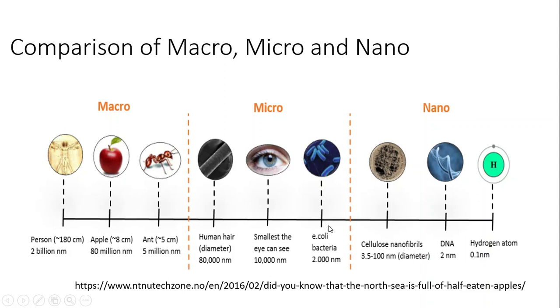Compared to this we have microscale, which can be like human hair which is 80,000 nanometer, smallest size the eye can see 10,000 nanometer, and the size of an E. coli bacteria is actually 2 nanometer. Comparing it to the macro scale, a person is 2 billion nanometer, an apple is 80 million nanometer, and an ant is 5 million nanometer. Now you can bring out the comparison how small is nano.